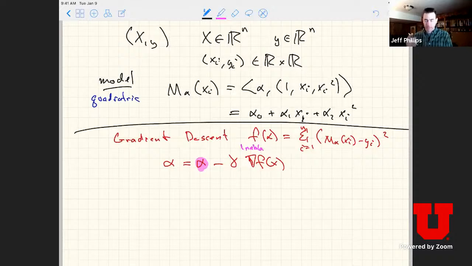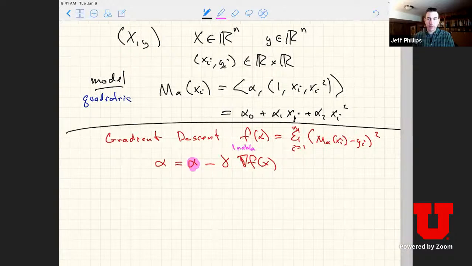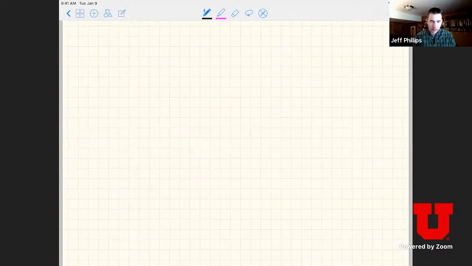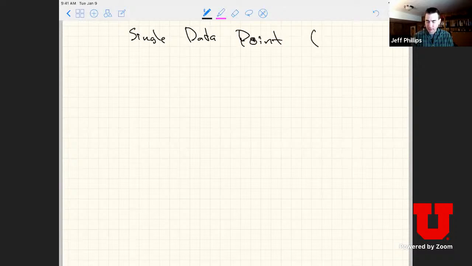We're going to start this example by looking at a single data point. So we're going to have x, y just be x1, y1.